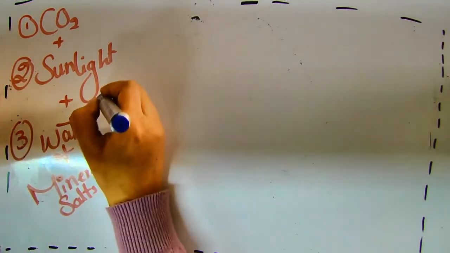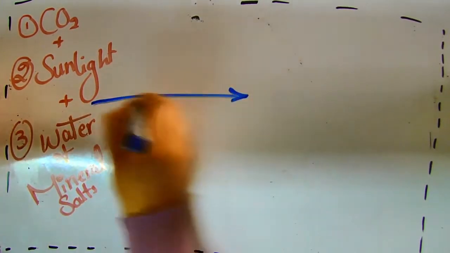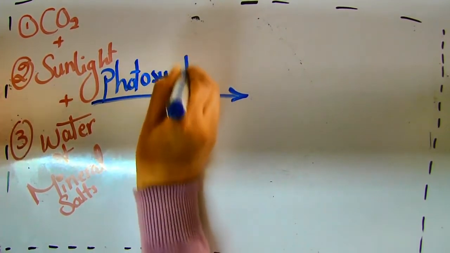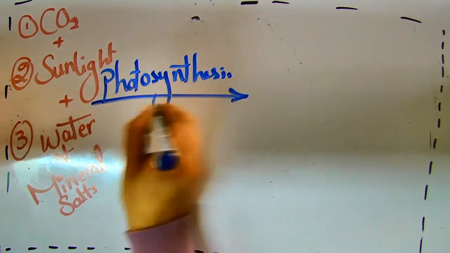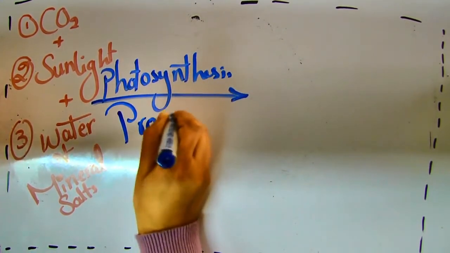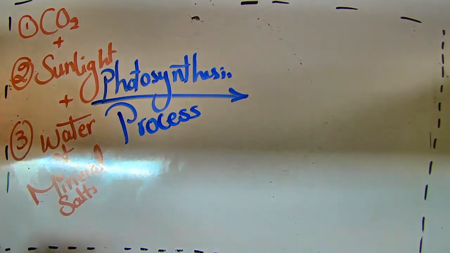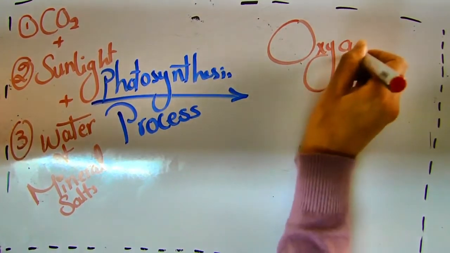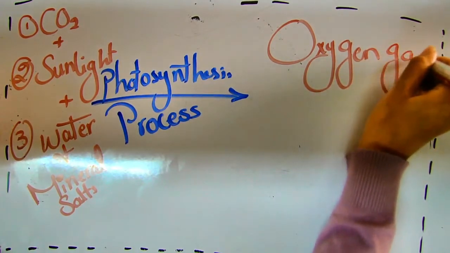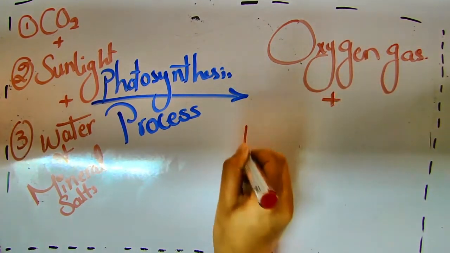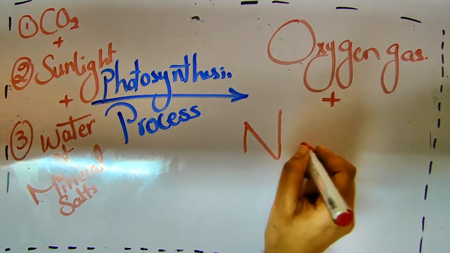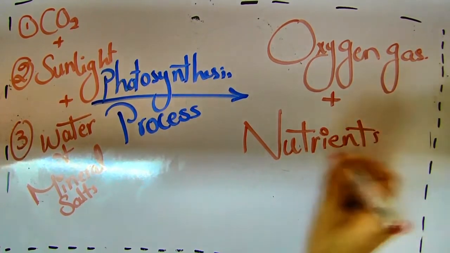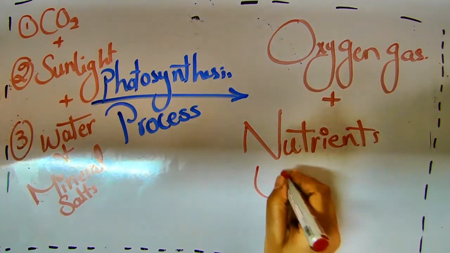Then it carries out the photosynthesis process and produces oxygen gas for all living organisms and nutrients for itself, as sugar and starch.